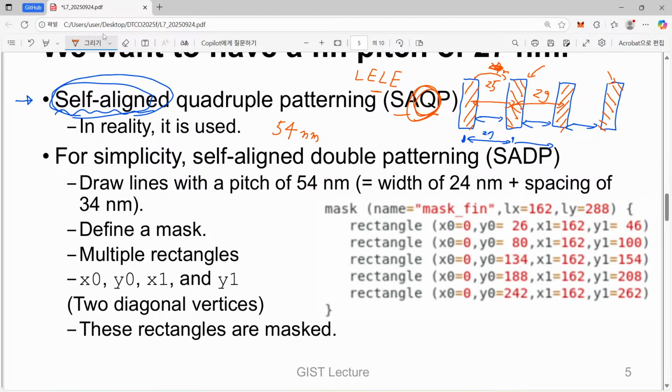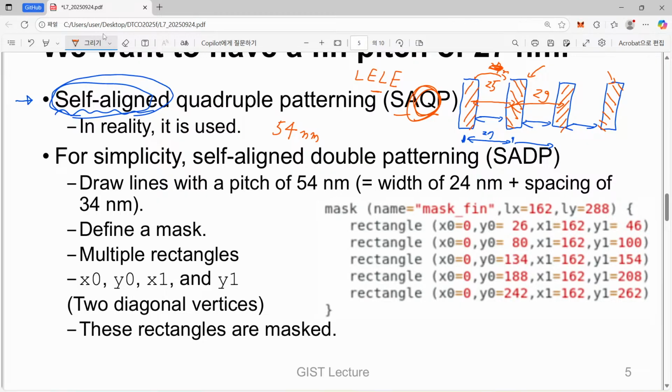So that's the reason why, if we make such a misalignment between one patterning and the second patterning, it will introduce non-uniform distribution of your fin lines. Is it good for your later fabrication or not? Certainly it is critically bad, because all of our next steps are based on uniformly placed fin patterns.